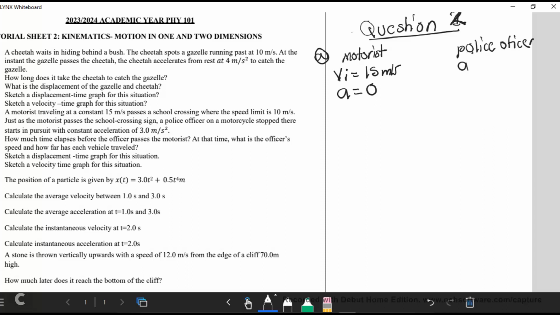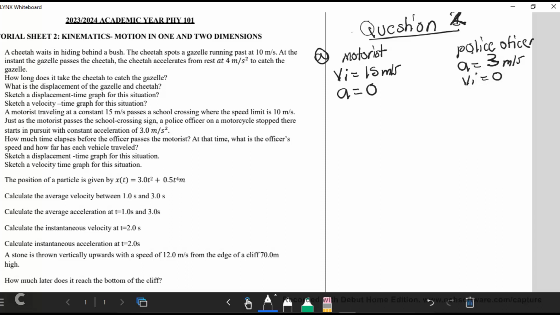How about the police officer? The acceleration is 3 meters per second squared. And this means that our initial velocity is 0 because it started from rest.